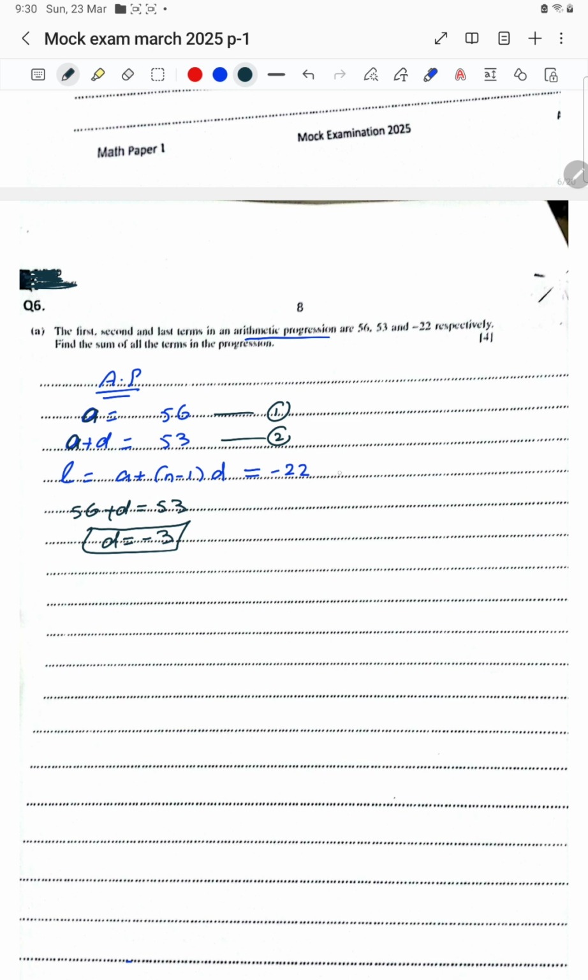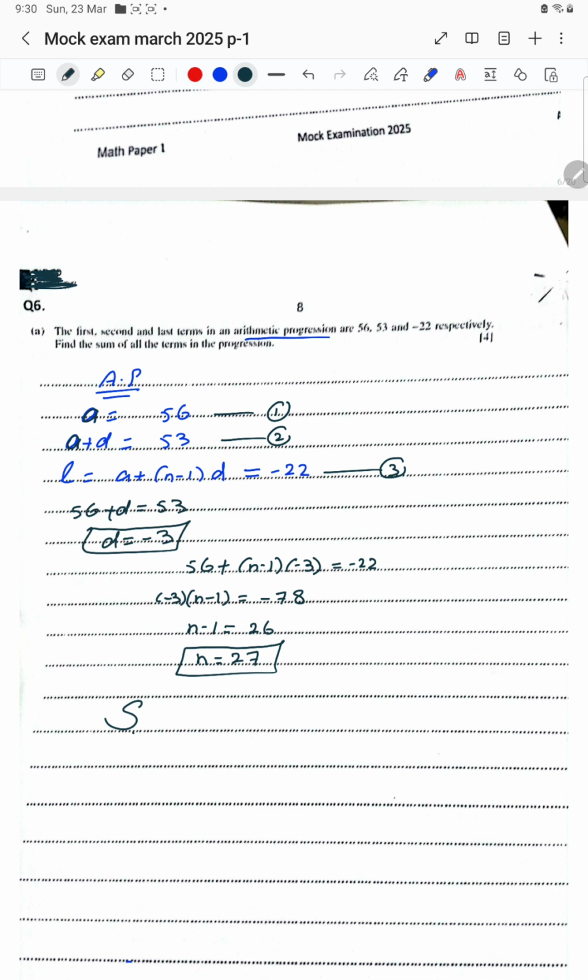Now for n, replace this in 3. 56 plus n minus 1 times minus 3 will be minus 22. We will simplify this: n minus 1 times minus 3 equals minus 78. Divided by minus 3, n minus 1 will be 26. So n goes to be 27.